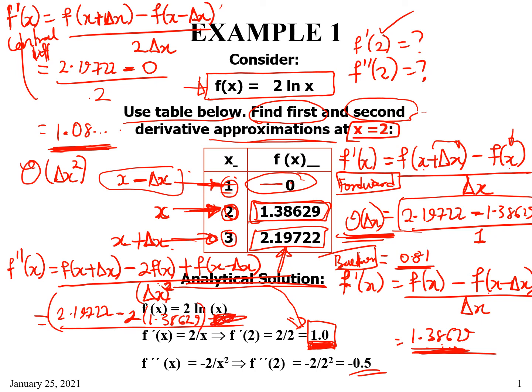You can forget about this one. And we're dividing by the square of delta x, which is 1, right? So 1 squared is 1. So really, we don't care about this either. And we just need to take this difference, and whatever you get is the final answer. And it's close enough to minus 0.5. It's minus 0.5 point something. You calculate it, and I'm going to just show the results in the next few slides.